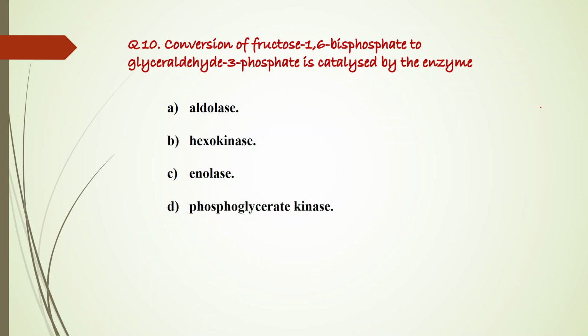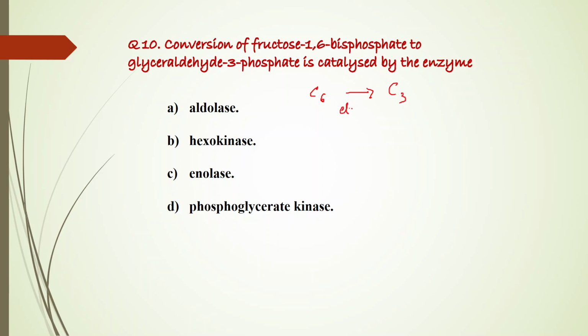Even if you do not remember all the cycle steps, still you should be able to answer this, because what are the enzymes that are given in the option? Aldolase, first one. Second one is hexokinase, C is enolase, and fourth one is phosphoglycerate kinase. First of all, you are going from C6 to C3.